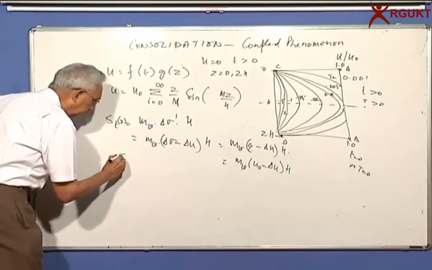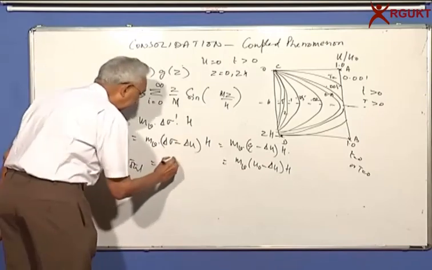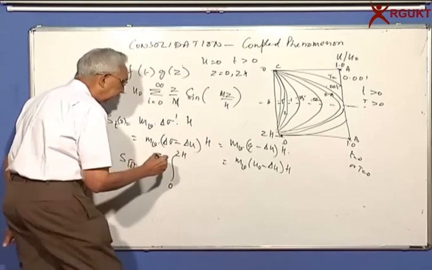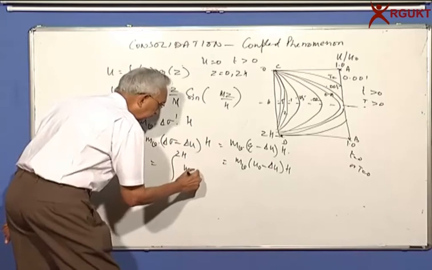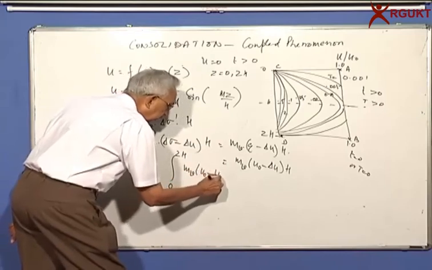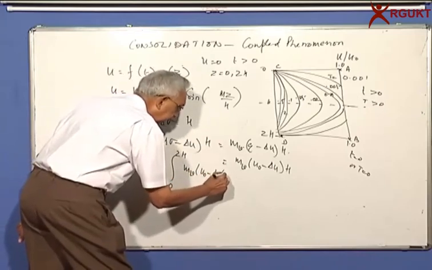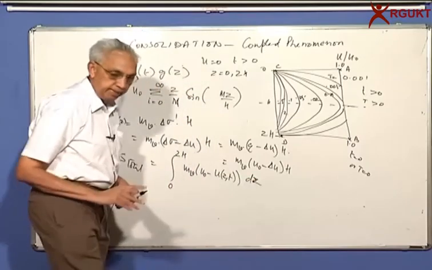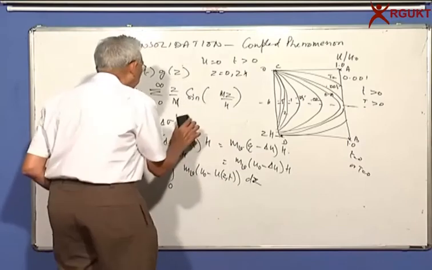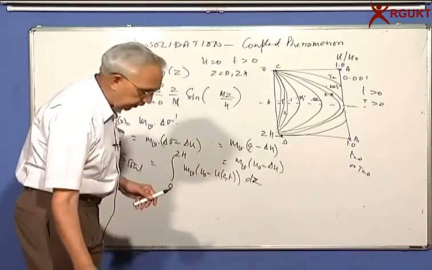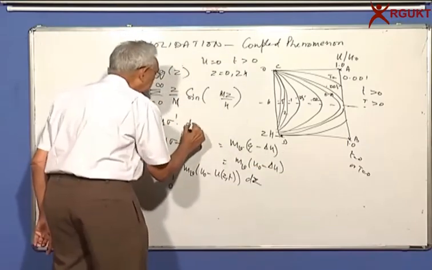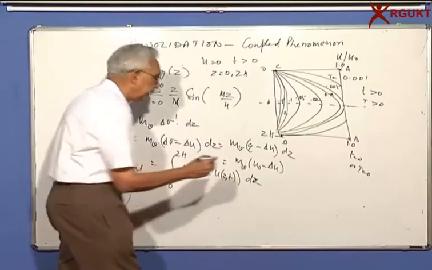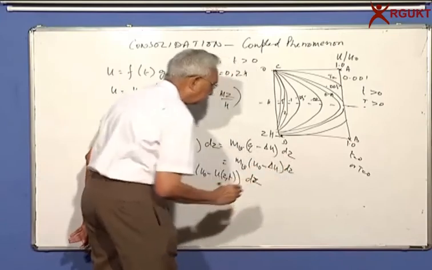If I want the total settlement, I have to integrate from 0 to 2H this settlement, which is equal to mv (u naught minus delta u), a function of z and t, into dz. Let me write it for a small element, that becomes easy to understand. For a small element, I am writing and integrating to get the total settlement.